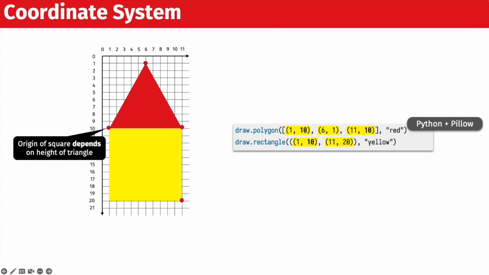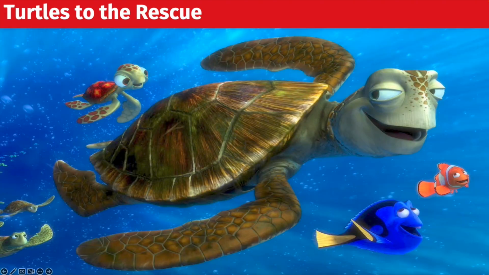There is that 10 there in bold, and we need to know how tall the triangle is in order to compute where to put the square.